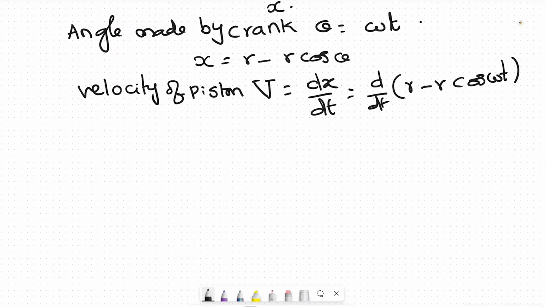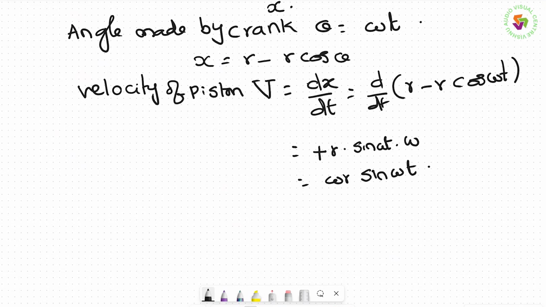So therefore this will go to 0, right? This is minus r sin omega t into cos omega t is minus. So minus minus will become plus. So it is r, right? Cos omega t to sin omega t into omega. So it is omega r sin omega t.